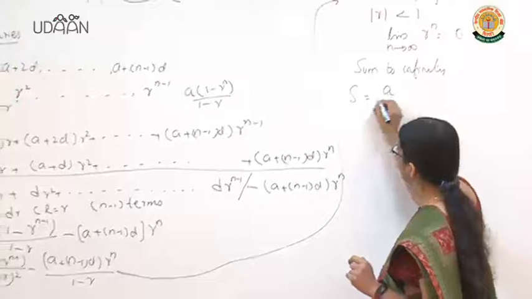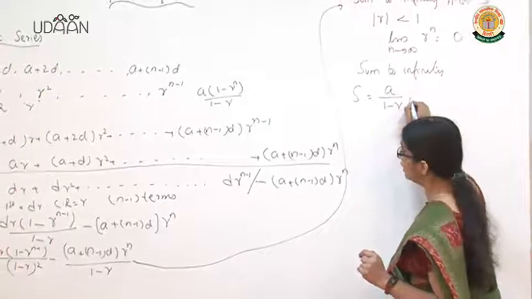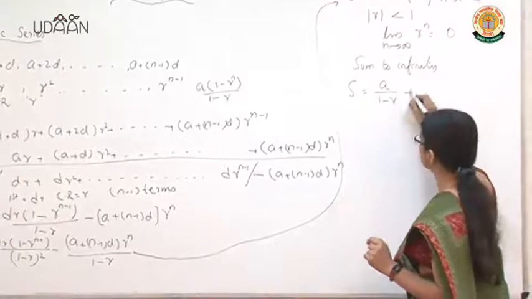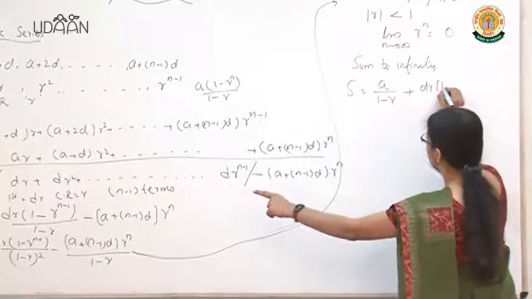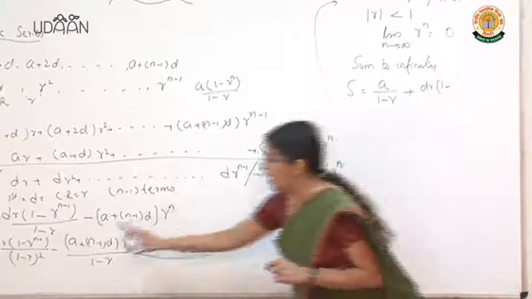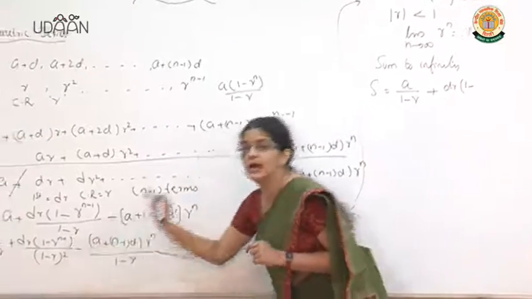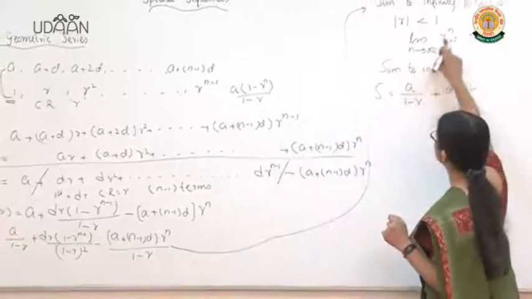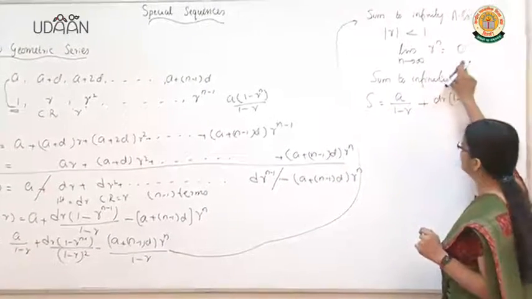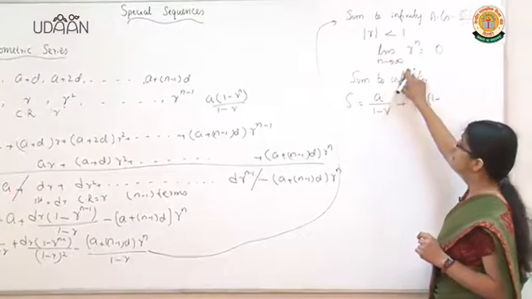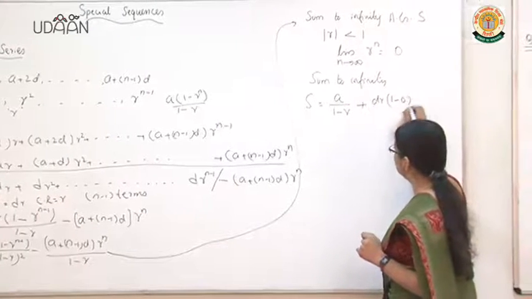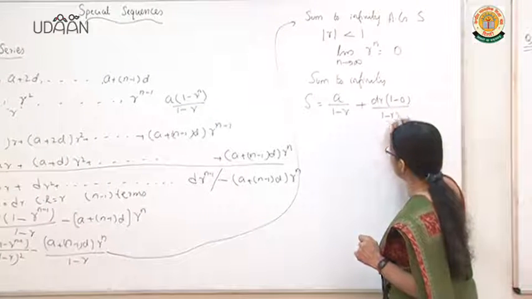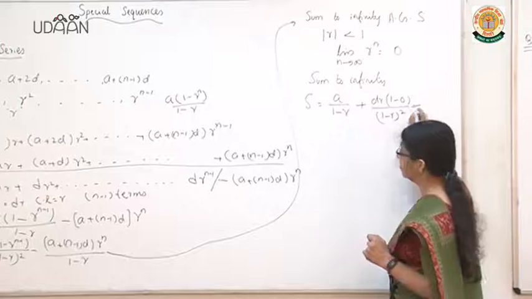So, I will write it as it is: a by 1 minus r plus next term dr, no problem, 1 minus, look, r power n minus 1 you have, and the limit as n tends to infinity of r power n is 0. So the limit of r power n minus 1 also will be 0. So, I will write 0 divided by 1 minus r whole square, minus.